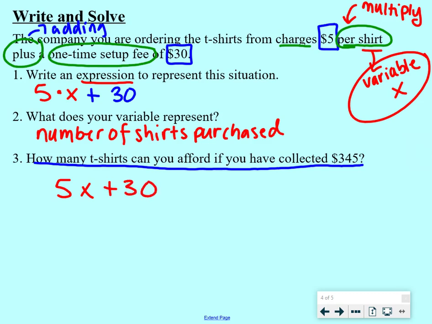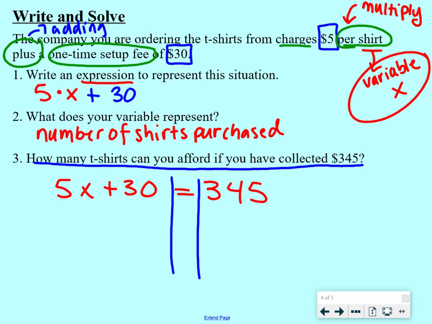It's the number of shirts. So $345 cannot go in for x. That means it's going to be an equal sign. It's going to be the total money that we spent, or that we can spend on t-shirts. So we want to solve this equation now to figure out how many t-shirts we can buy. We want to solve for that variable. Let us know those t-shirts.